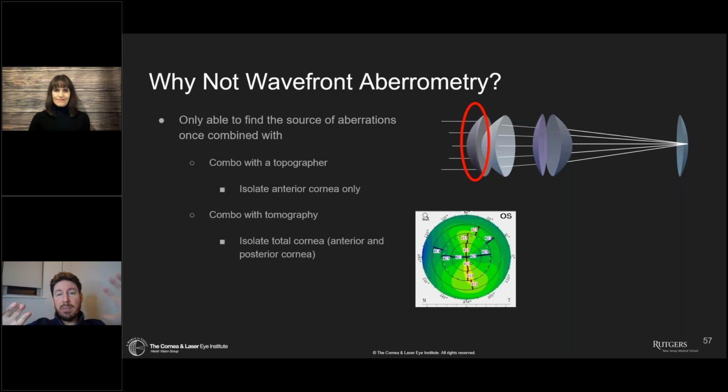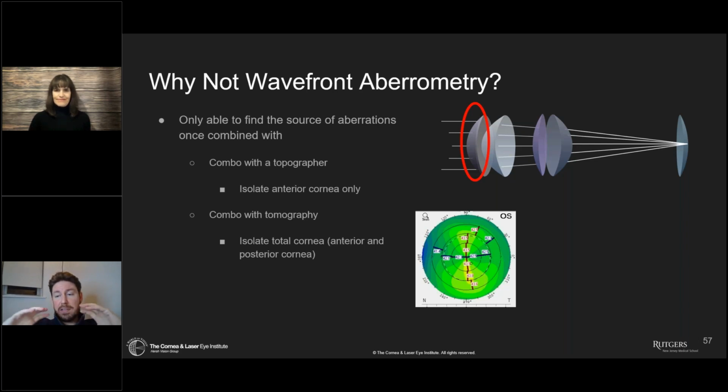So if we get another click, I think maybe 2 clicks here, what you get is with a topographer, you can separate out what's coming from the anterior corneal shape from the whole aberration. Other sources of aberrations can be things like irregularity in the crystalline lens, or even irregularities in the vitreous can contribute to that. And obviously the posterior cornea.